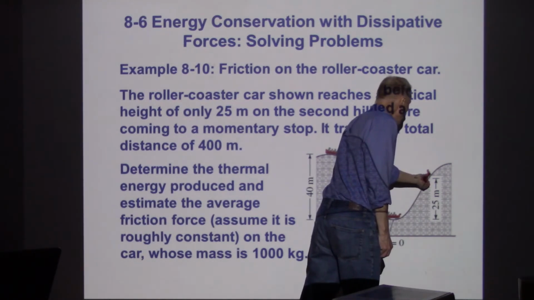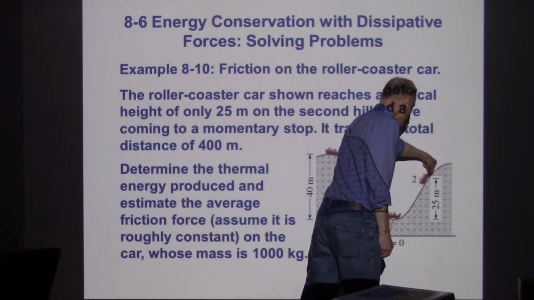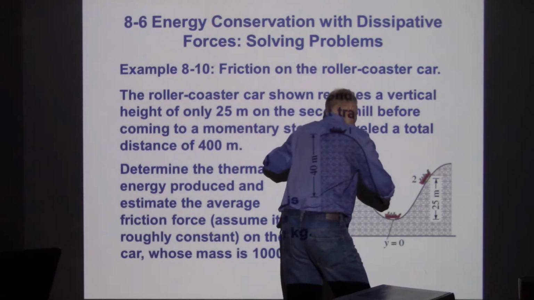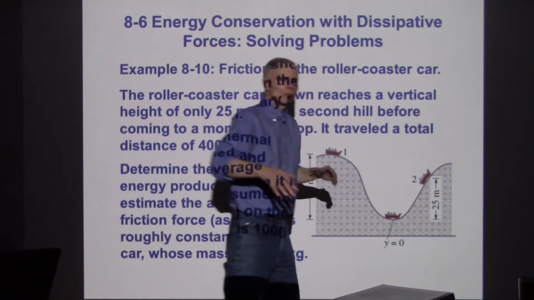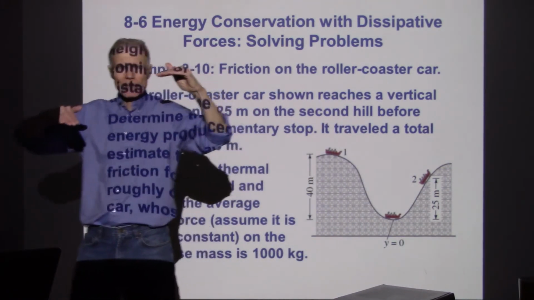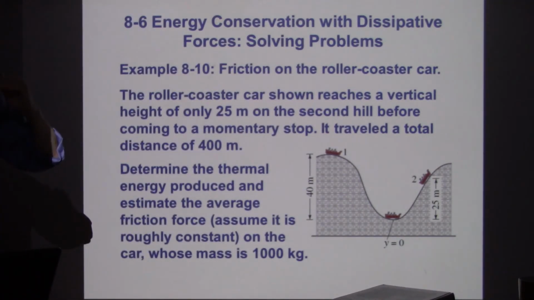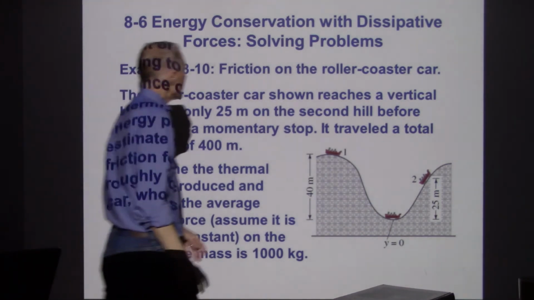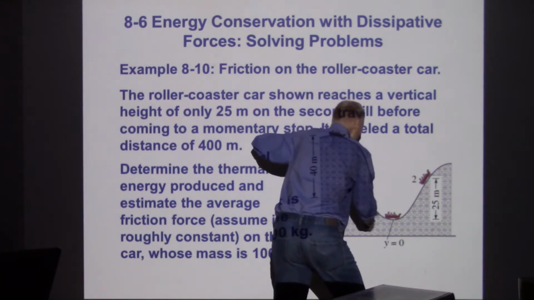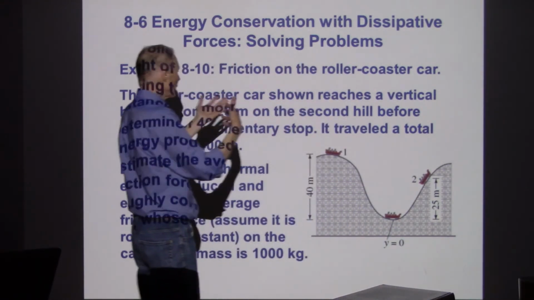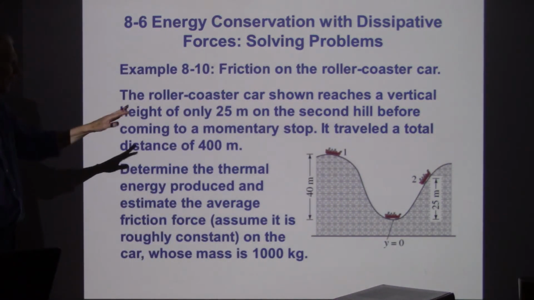No. You didn't make it all the way to the top, so this object turns around and goes back, and then it goes back and forth, and if there's friction, it will get a little lower each time, and eventually it will be down at the bottom. If energy is perfectly conserved, then it's going to be able to go up to 40 meters here, but if not, then we could have this back and forth going on.